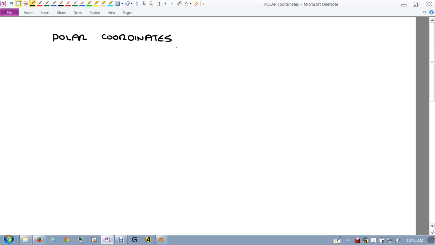So polar coordinates. Now this is very different than parametric equations, even though it's going to look somewhat similar. It's kind of a different concept. What we're doing is we're actually changing our coordinate system. All right, so what we're familiar with right now is what's called Cartesian coordinates.